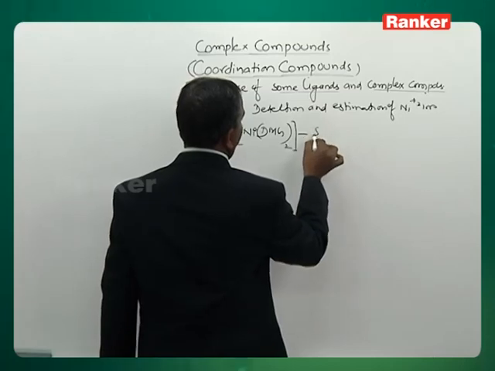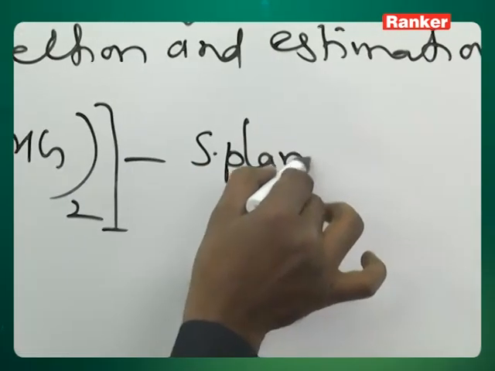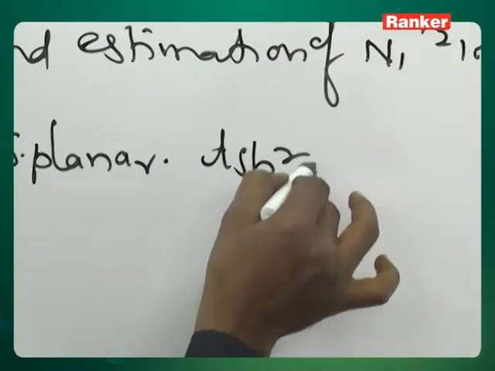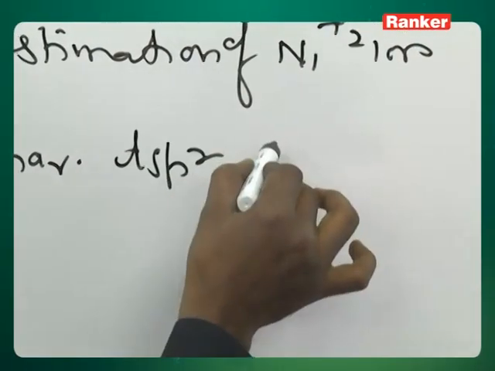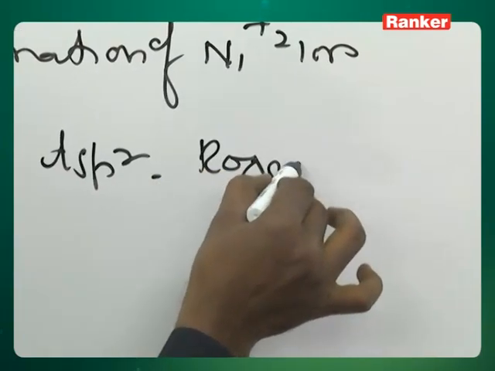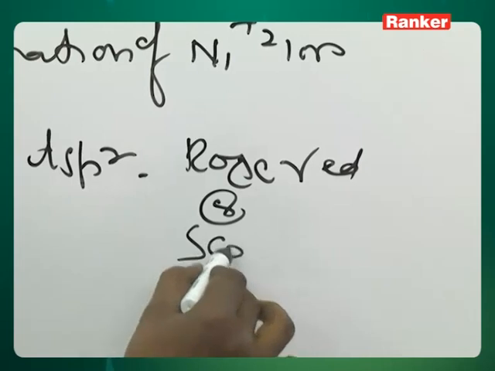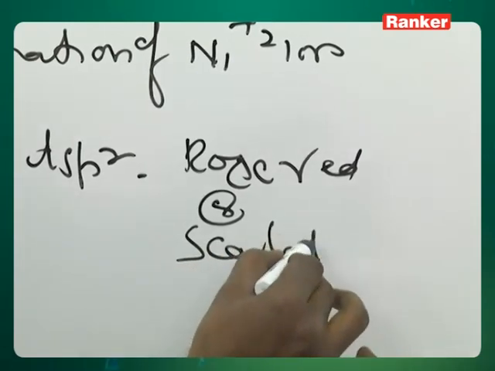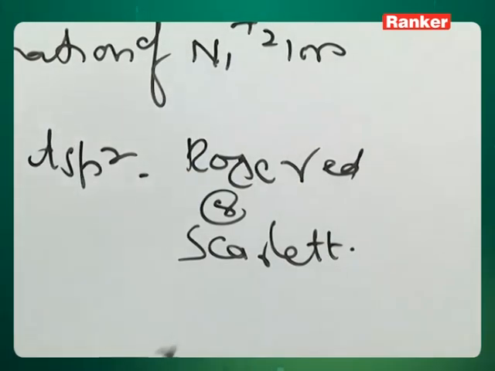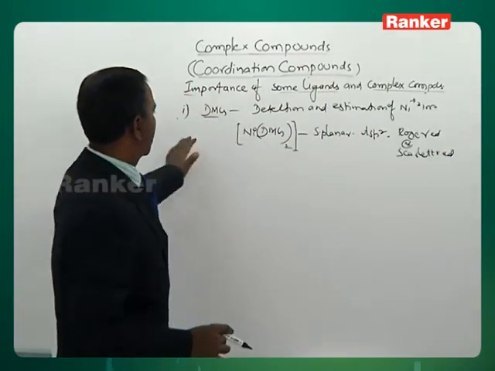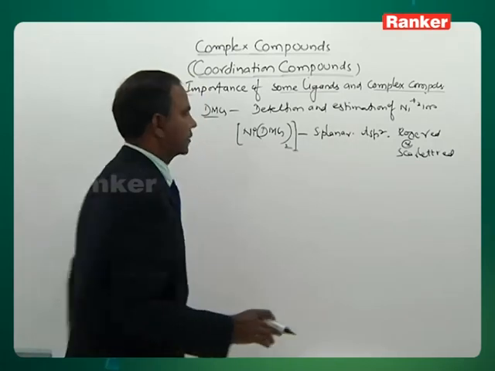It is square planar with dsp2 hybridization. It is rose red, or scarlet red in color. So this is the importance of DMG and the nickel DMG complex.